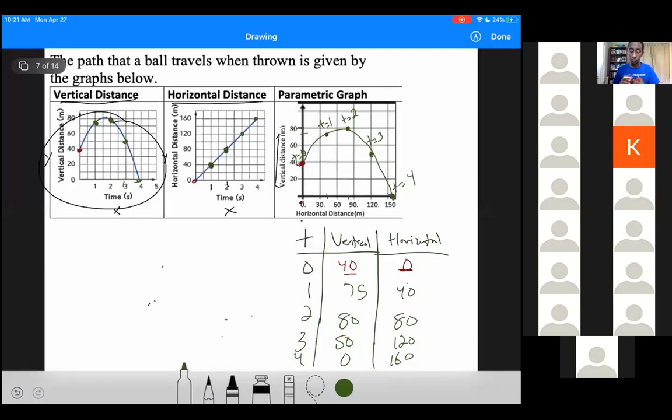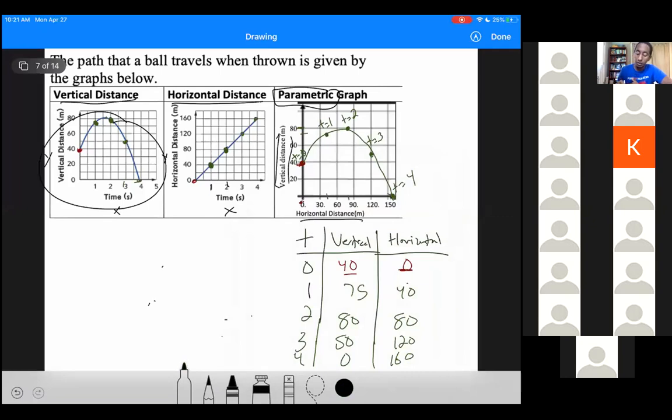All right. So what this is basically showing you, the parametric graph, is you are introducing a parameter of time, okay? And so this is showing you what the actual ball looks like with the relationship of the horizontal distance and the vertical distance.